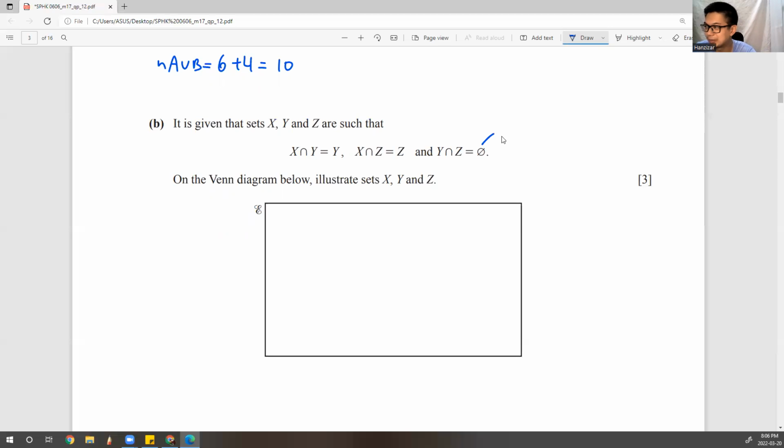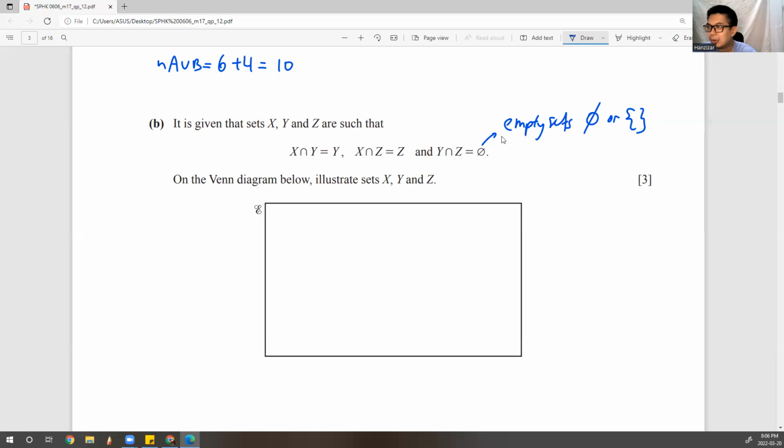So this is an empty set, another form of empty set. Empty sets can be written like this, 0 crossed, or just put the open and close brackets without filling in any elements.